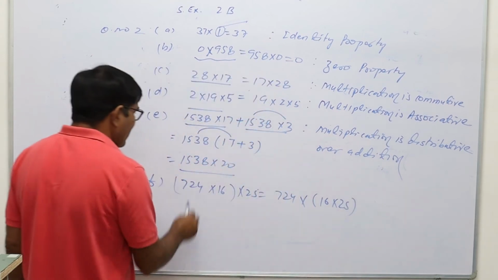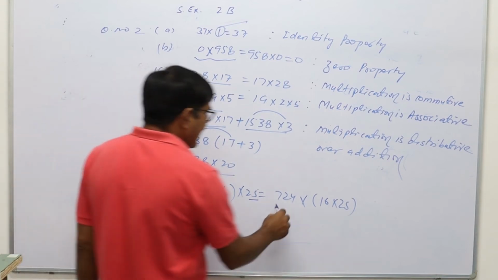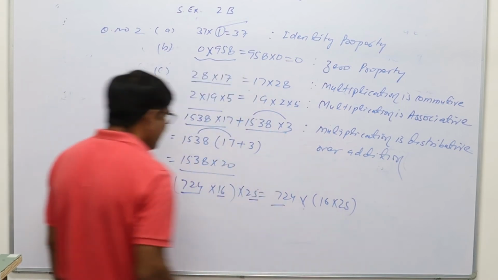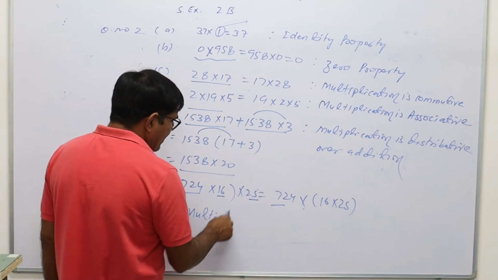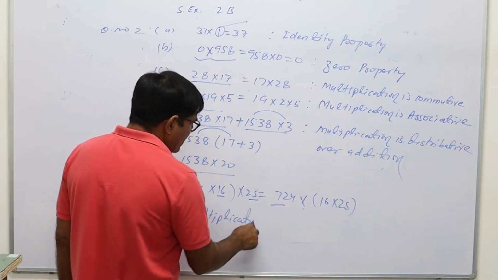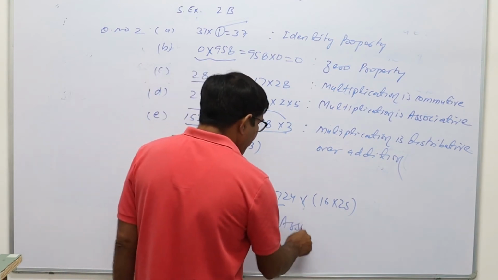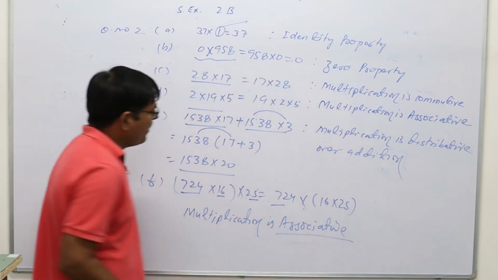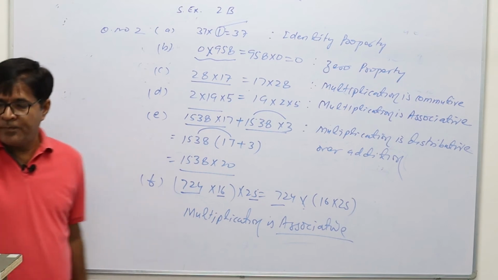So here let 724 be A, this B, this C, then A multiply B multiply C. So this is multiplication is associative. So please pause it and note down.